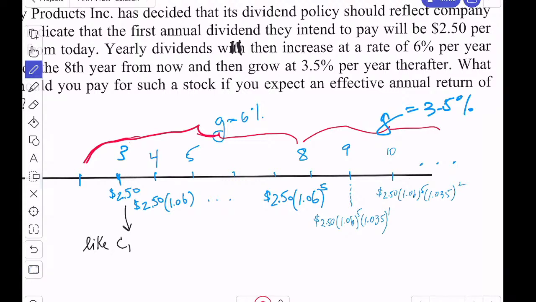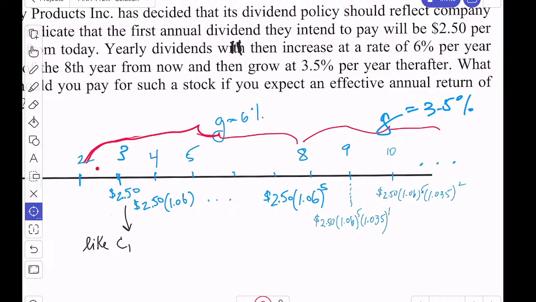And it would be the C1 for a growing annuity that ends here. So between 2 and 8 is an annuity.